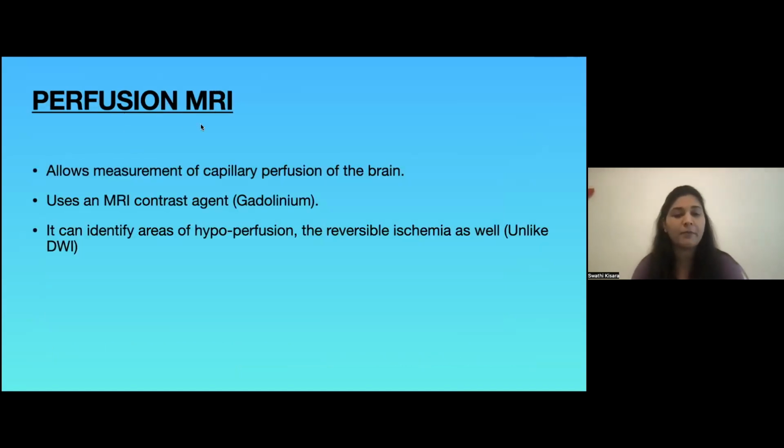Coming to perfusion MRI. Perfusion MRI allows measurement of capillary perfusion of the brain. It uses an MRI contrast agent called gadolinium. It can identify areas of hypoperfusion, that is the reversible ischemic areas as well, which diffusion weighted images cannot identify.